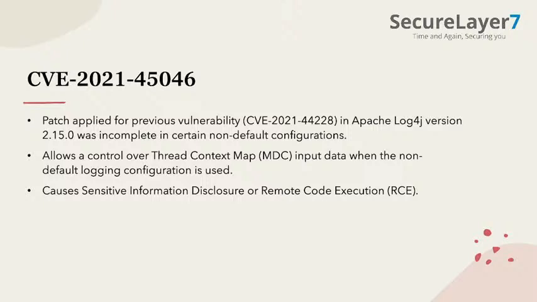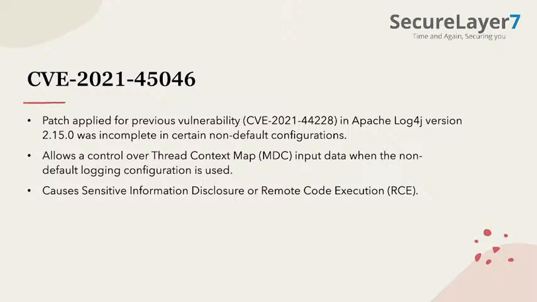It was causing sensitive information disclosure and could lead to remote code execution again, right? So it was found that the previous CVE-2021-44228, the Log4Shell fix, was incomplete in certain non-default configurations.